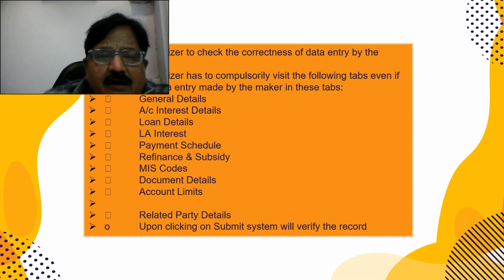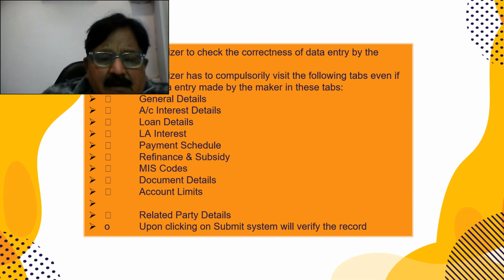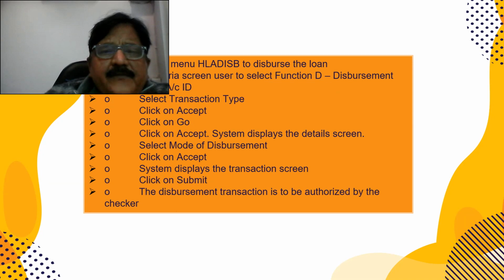You also have to visit MIS codes, document details, where you can scan the copy of documents in the system, account limits, and related party details. If there is any guarantor or if it is a joint loan, we can enter those details. Upon clicking submit, the record is verified. This is how I've explained how a loan account has to be verified.